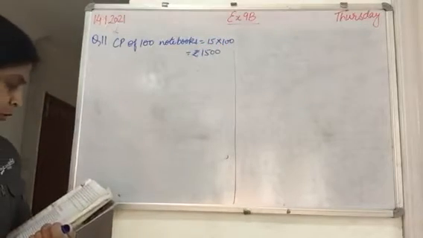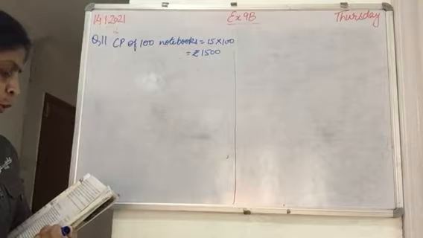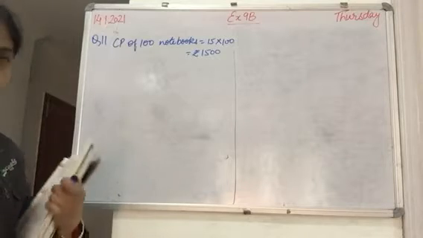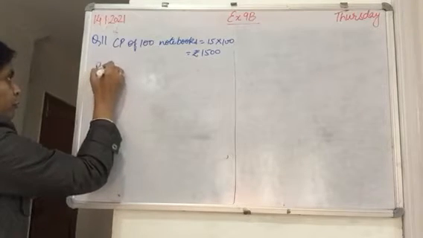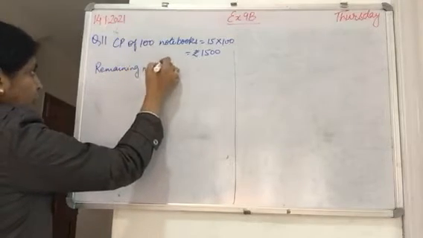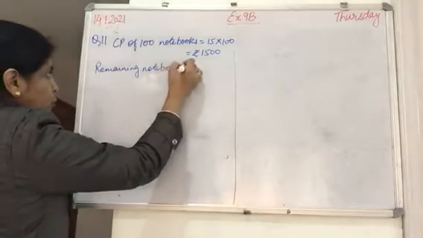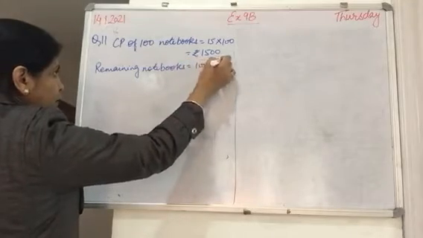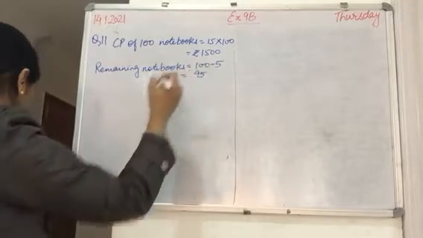Yes, 5 notebooks have been thrown away as a few pages were torn off. Now the remaining notebooks: 5 are wasted, so remaining notebooks will be 100 minus 5, that is 95.